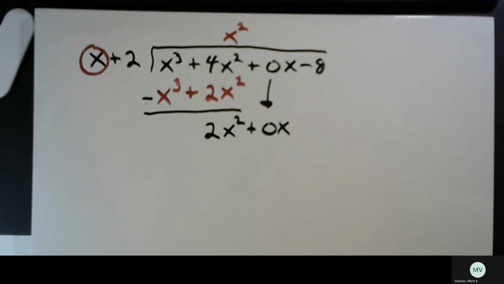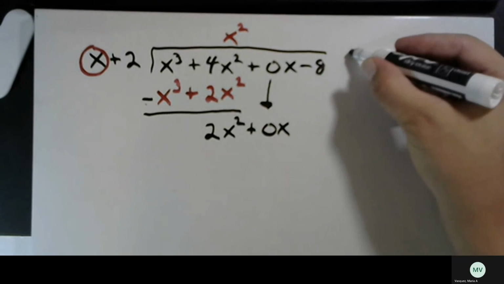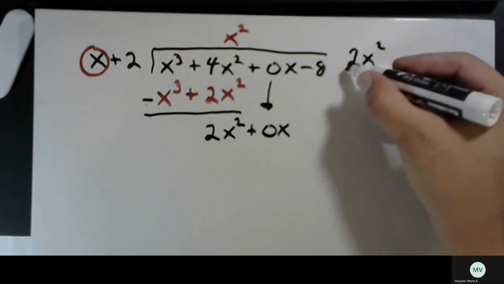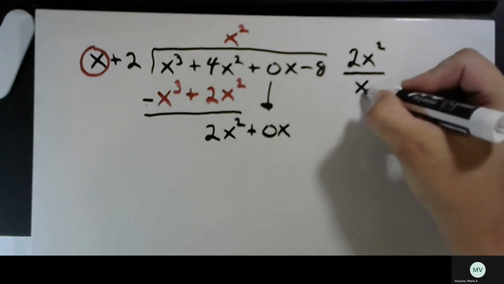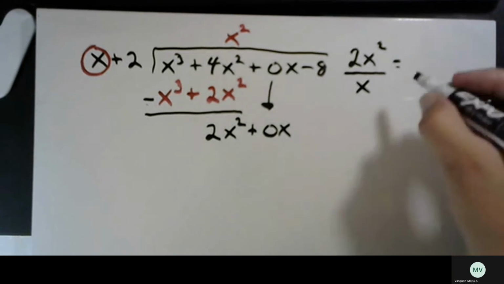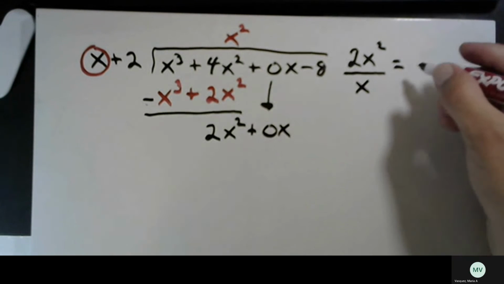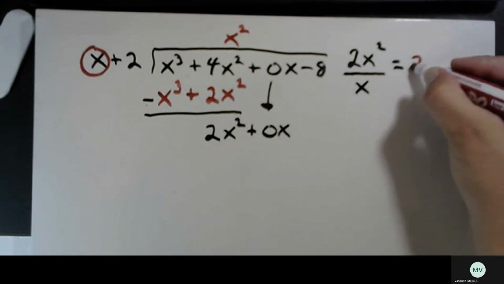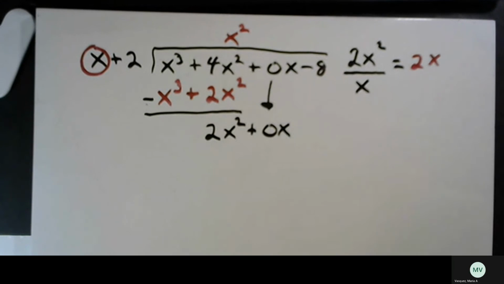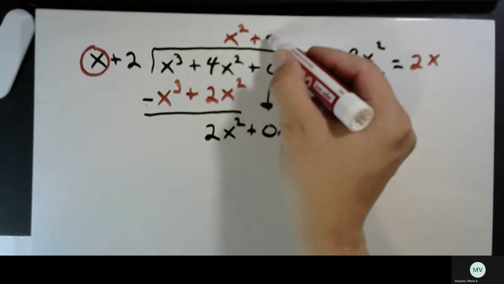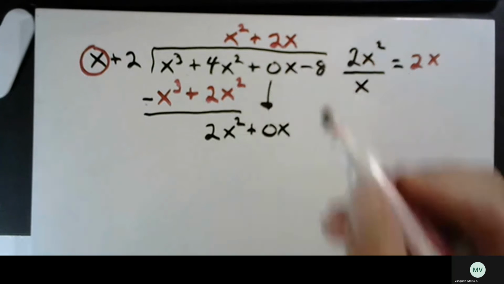So now we do the second cycle. 2x squared divided by x. Well, that'll come out to 2x. So we put a positive 2x in the x column.